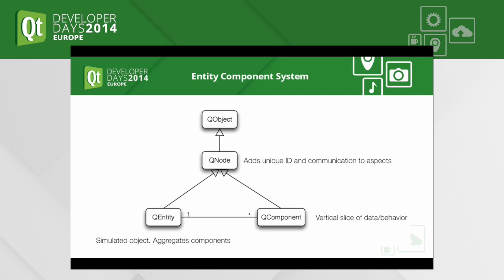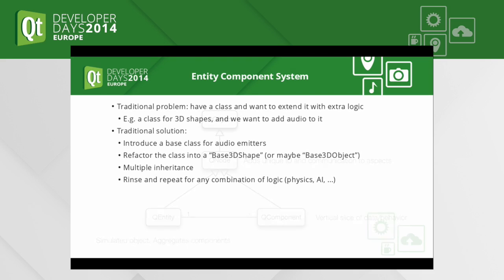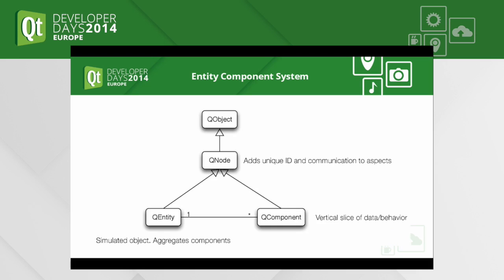If you think these class names are very generic, don't worry, they're all in a namespace, because grabbing the words node, entity, and component globally might have been a little bit cheeky of us. So they're inside the Qt3D namespace. Yes, sorry, if you go back one slide. So an entity aggregates 0 or more components. Every component is owned by an entity. Now you can go on.